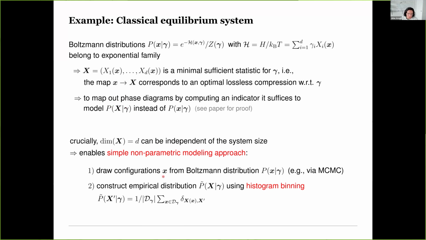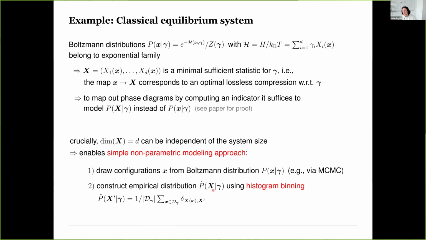In particular, what we can do is we can draw configurations X from a Boltzmann distribution, for example, via Markov chain Monte Carlo. And then we can construct an empirical distribution, P tilde, of the collective variables using histogram binning. And because capital X is low dimensional, we only need very few data points to get good statistics.